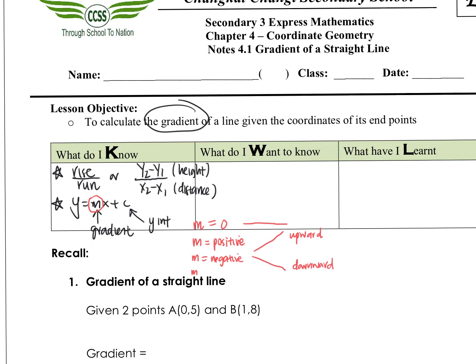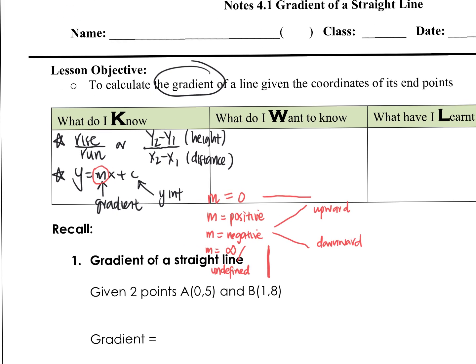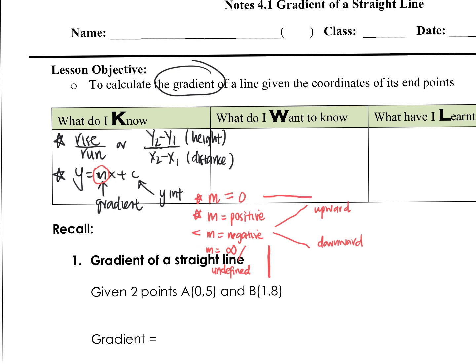And if it is undefined, it is a vertical line, infinity, or you can say it's undefined. So this is what you all have learned in lower sec about gradient. You should also know that gradient refers to the steepness of a slope, how steep your slope is. If it's a positive slope, it's upward sloping. If it's negative, it's downward sloping.